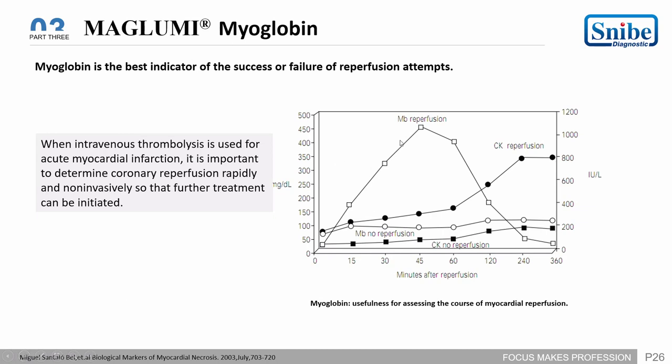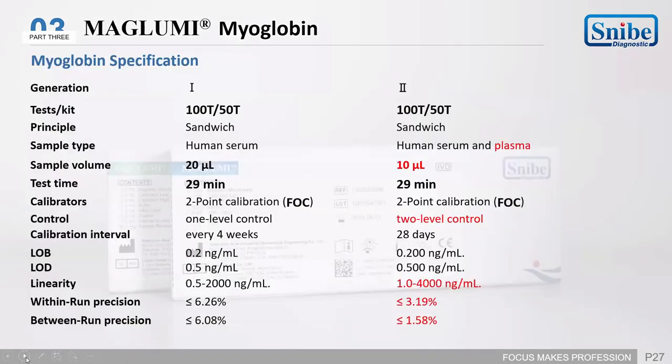Like myoglobin reperfusion, when the intravenous thrombolysis is used for the acute myocardial infarction, it is very much important to determine the coronary reperfusion rapidly and non-invasively, so that the further treatment can be initiated or not. That's why myoglobin is useful for assessing the myocardial reperfusion. So this is a very important case in the myocardial perfusion.